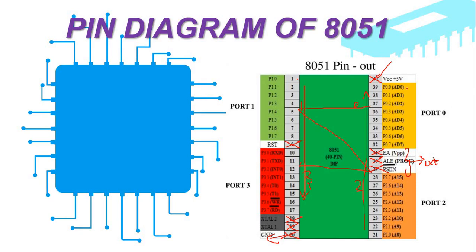Except port 0, all 3 ports have internal pull-up resistors. If I need to add an external pull-up resistor, I can add it on port 0. What is a pull-up resistor? Here the input voltage is plus 5 volt.